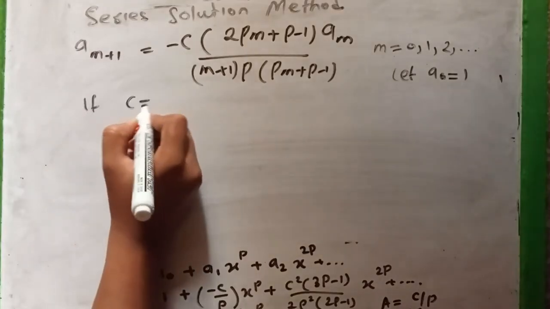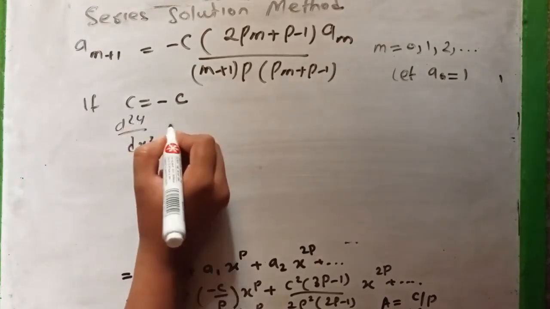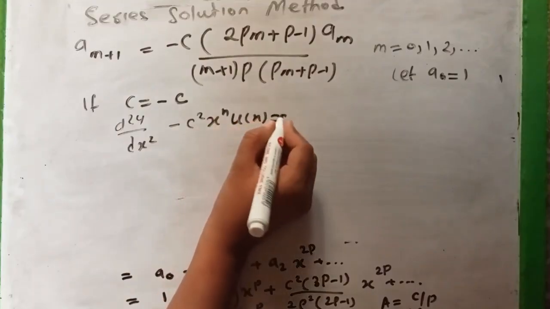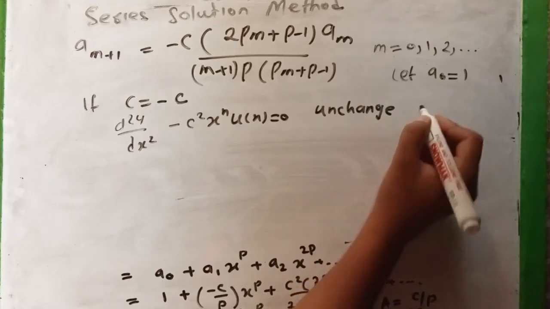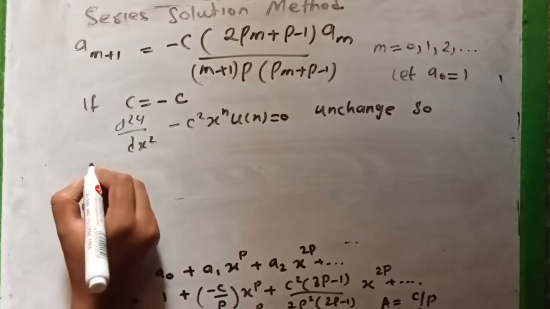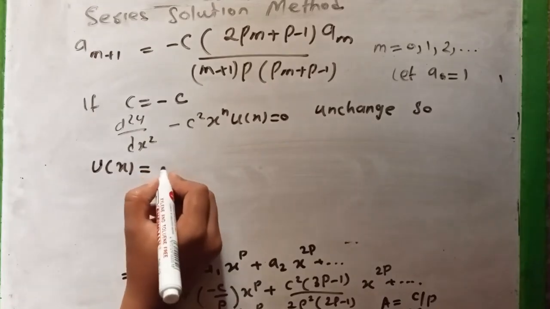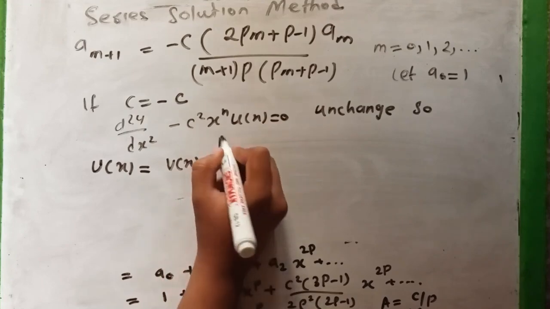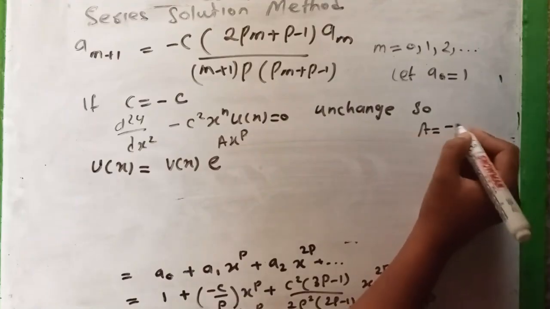If c is replaced by minus c, then the equation d square u over d x square minus c square x raised to power n u of x is equal to 0 remains unchanged. So if we solve this equation, the solution is again u of x is equal to v of x exponent a x raised to power p, and now we use a is equal to minus c over p.